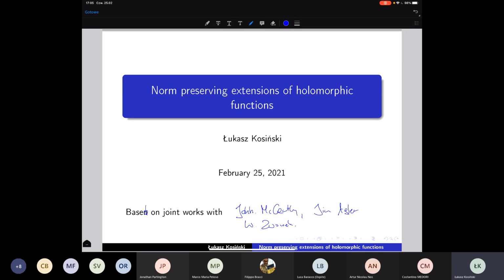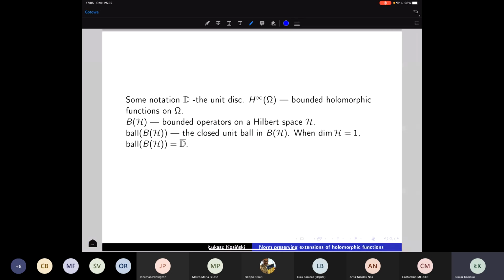And let me start with some notation. So within the lecture, D will be the unit disk. H infinity is the standard space of bounded holomorphic functions on a set omega. And some part of the talk will take place in Hilbert spaces.